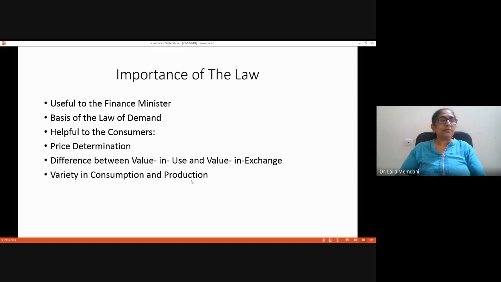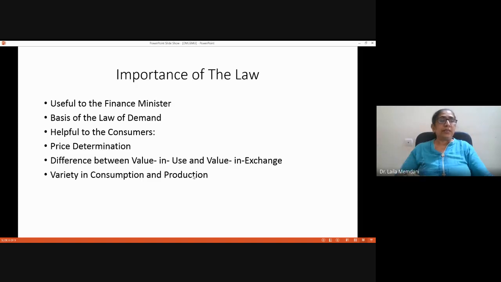It shows the difference between value in use and value in exchange. Like diamond doesn't have any value in use but has got high value in exchange. Water doesn't have any value in exchange, or very little value in exchange, but high value in use. Why? Because it is available in plenty, we consume in plenty. And it supports variety in consumption and production.